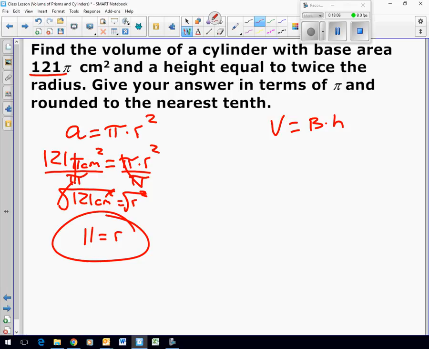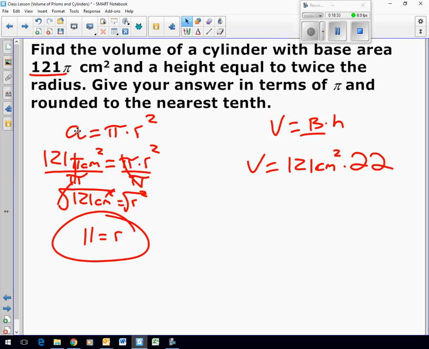So what is 2 times 11? So what is the height here? 22. Which means, check it out, we knew that the big B was 121 square centimeters. We multiply that times 22, and you get your volume.